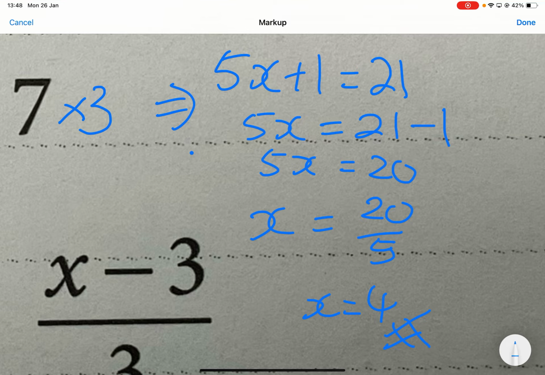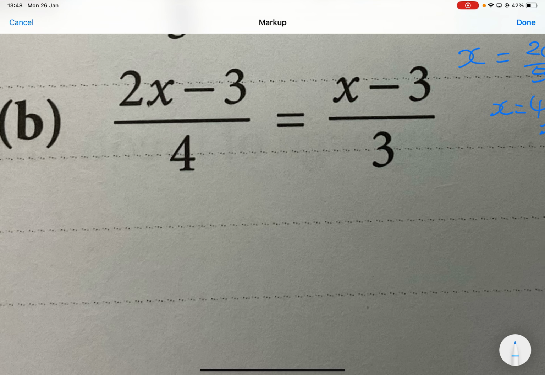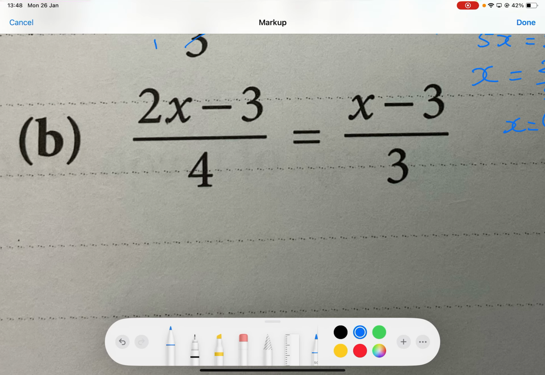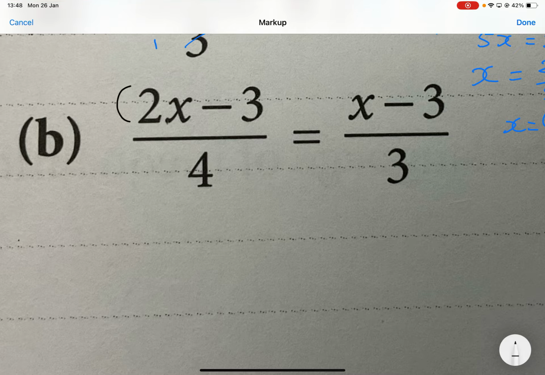Okay, then with the time left, I want to talk about this part B. I have fractions. So my very first step, I will add my bracket. Hello.